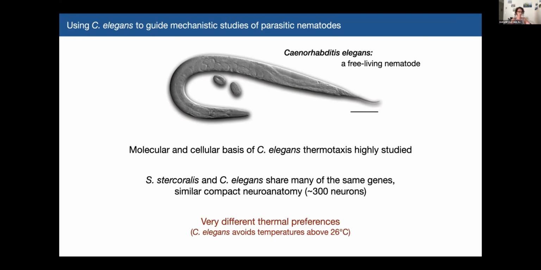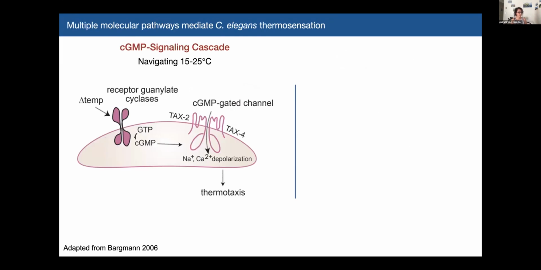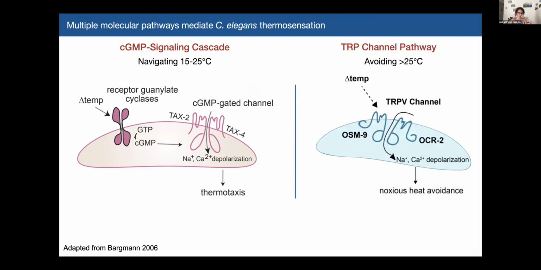So the first question I ask is, are these divergent behaviors dependent on similar molecular pathways, or have the parasites evolved new pathways? In C. elegans, thermosensation within their physiological temperature range is primarily mediated by a cyclic GMP signaling cascade. There are other mechanisms, including TRP channels, that contribute to the avoidance of noxious temperatures, which for C. elegans includes anything above 25 degrees.